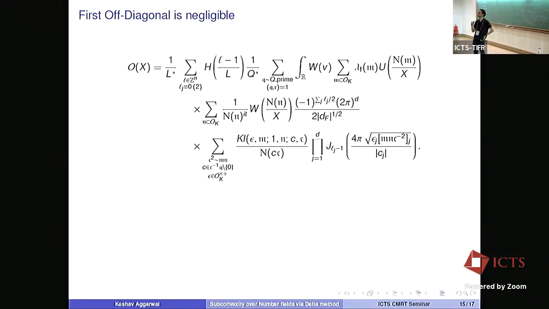So the dimension is r1 plus r2 minus 1 in general. Here I'm taking totally real, so r2 is 0. So the dimension of the group of units is r1 minus 1. So you have infinitely many units as soon as you go to a totally real number field of degree 2 or more. So we will have to also be a little careful when we are bounding these particular sums that we take care of the infinitely many units.